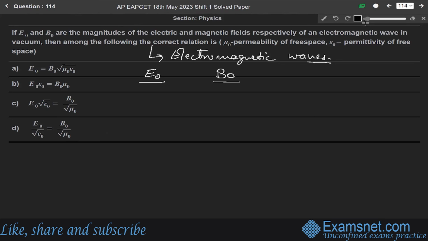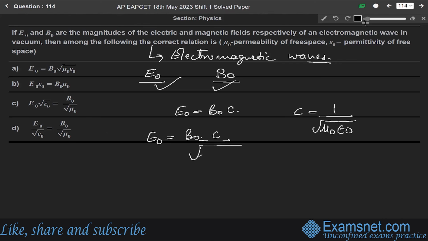We know that there is a famous relation between electric field and magnetic field, that is E naught is equal to B naught into C. And we know that C is equal to 1 over under root of mu naught into epsilon naught. So just put the value of C over here, B naught into C over under root of mu naught into epsilon naught.